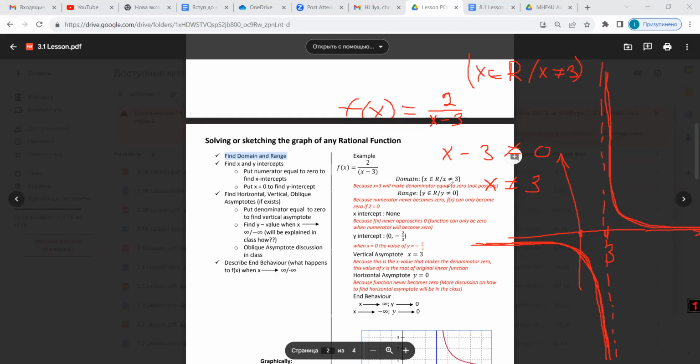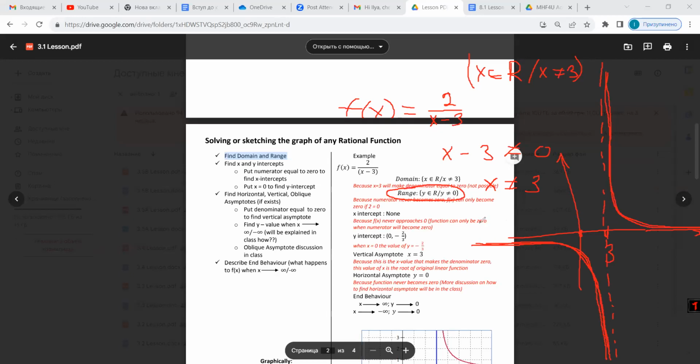Also the range, this is an important part. Domain is restricted by the vertical asymptote, while the range is restricted by the horizontal asymptote.